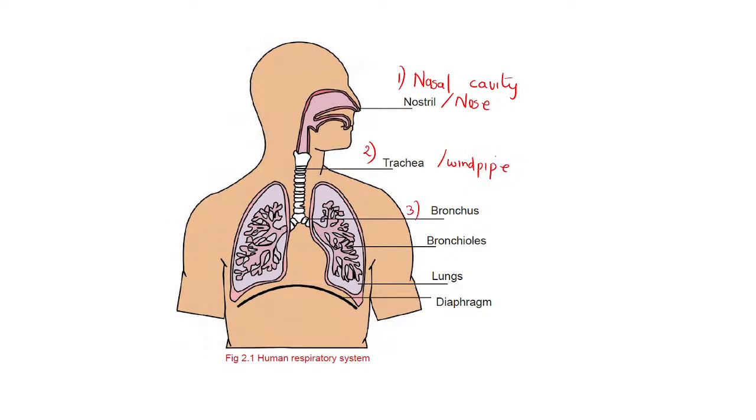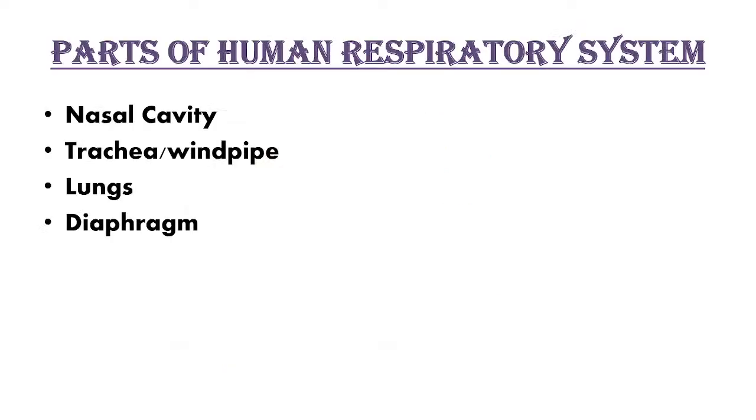We have two bronchi here, which further end in a part called bronchioles. Both these bronchi and bronchioles lie within a big sac-like structure called lungs, and below the lungs we have the diaphragm. So these are the six main parts of the human respiratory system. Let us understand each of these in detail.